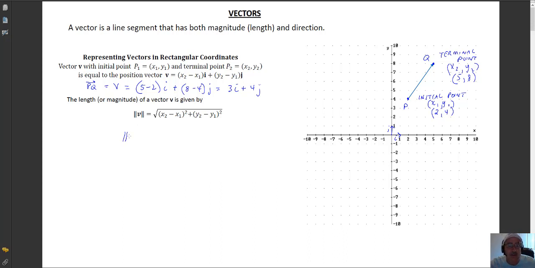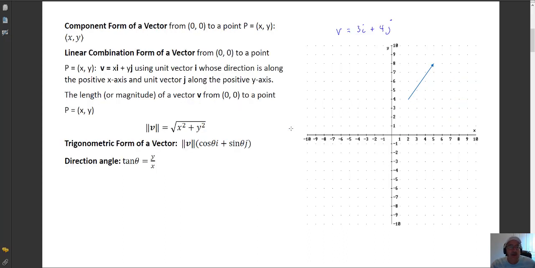We'll call this the length or magnitude of V, and we just use that formula: the square root of x2 minus x1 quantity squared plus y2 minus y1 quantity squared. We've already got that up here, so it's 3 squared plus 4 squared. So the magnitude of this vector would be the square root of 25, or it has a length of 5.